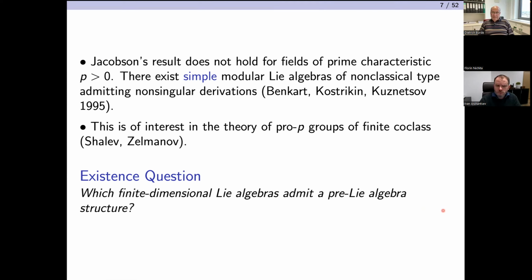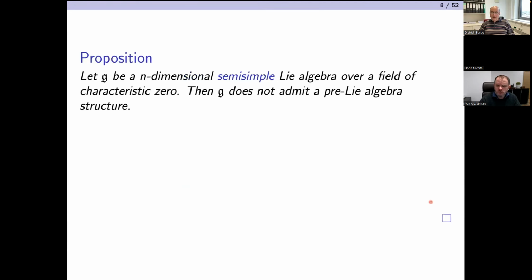Okay, let's start with simple Lie algebras over characteristic 0, maybe even over complex numbers. Then we have a classification, and we should be able to answer this question, hopefully. In fact, it turns out that you can even answer it for semi-simple ones in a negative way.